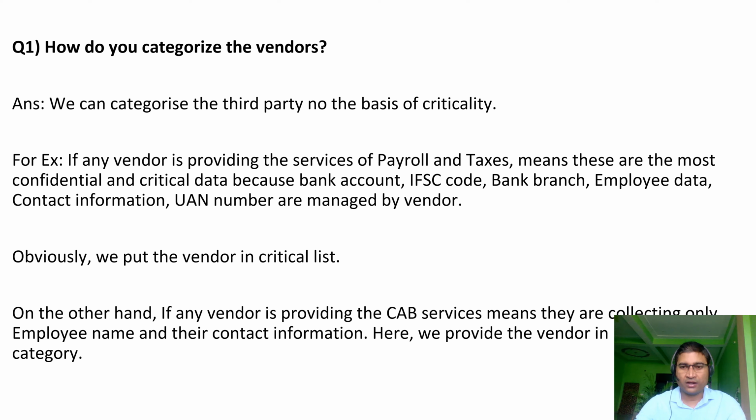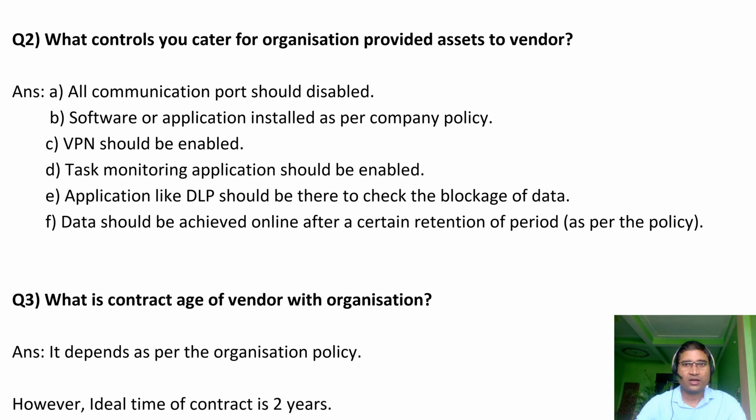These data are internal, right? So for this vendor, the criticality is low or minor. So on the basis of criticality of services, we can manage the categorization of the vendors.